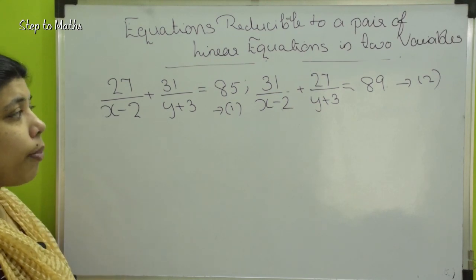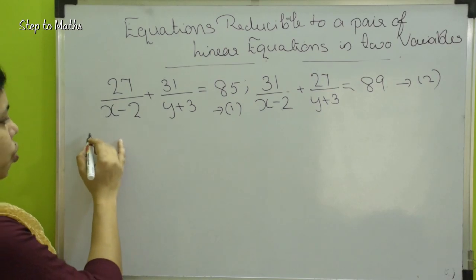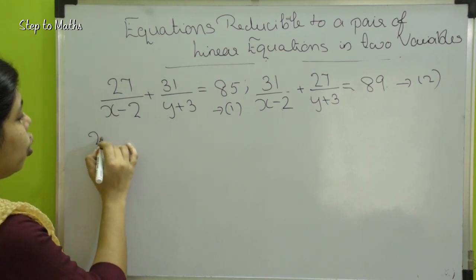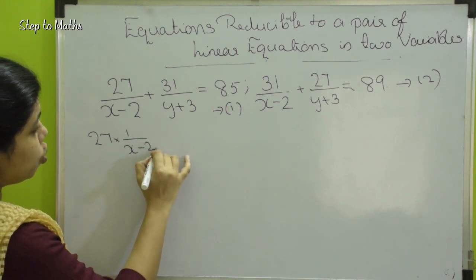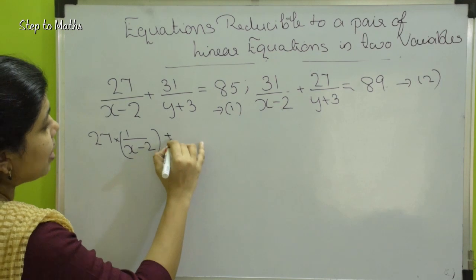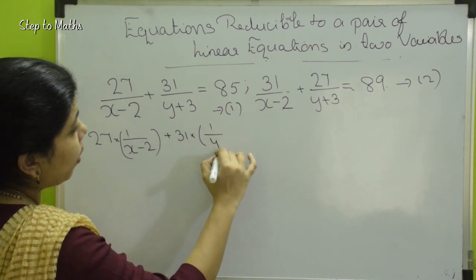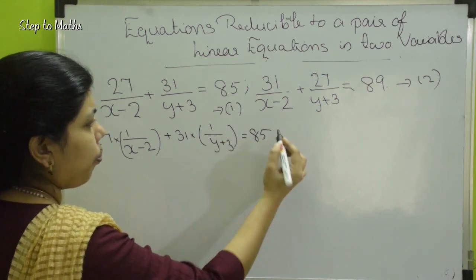Consider equation number 1, 27 upon x minus 2. We can write this equation as 27 into 1 upon x minus 2 plus 31 into 1 upon y plus 3 equal to 85.